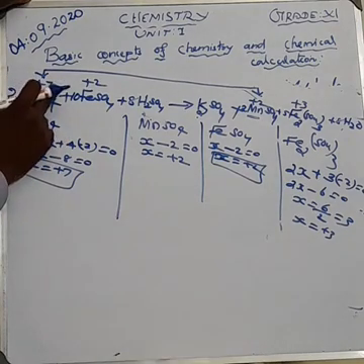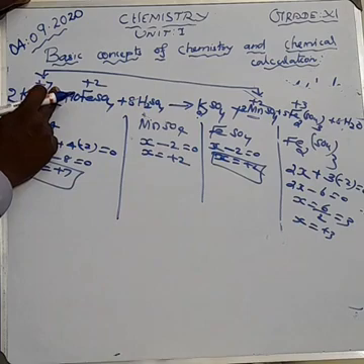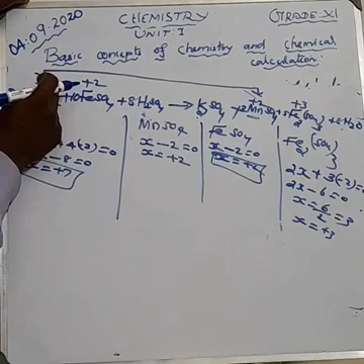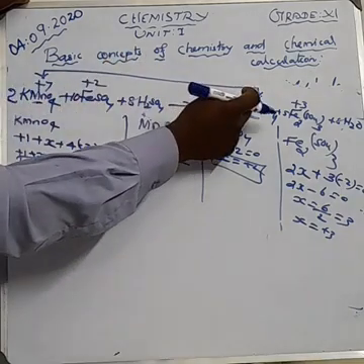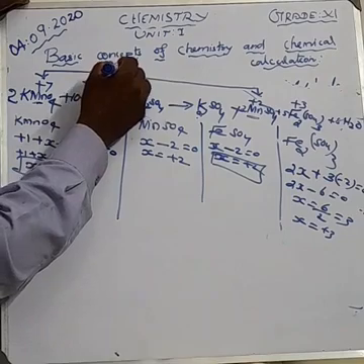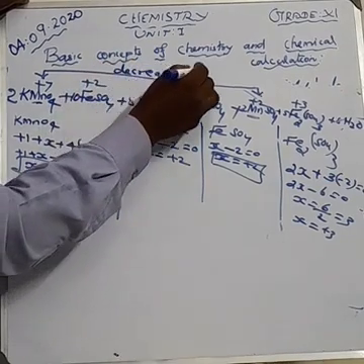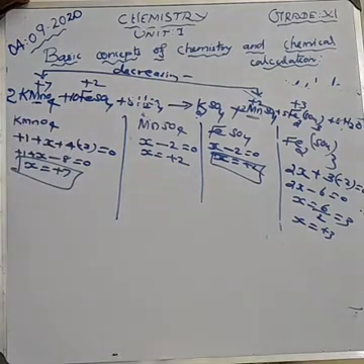Here Mn has plus 7, there Mn has plus 2. So the oxidation number goes from plus 7 to plus 2, so here it is decreasing. That is called what? Reduction. Decreasing means reduction.